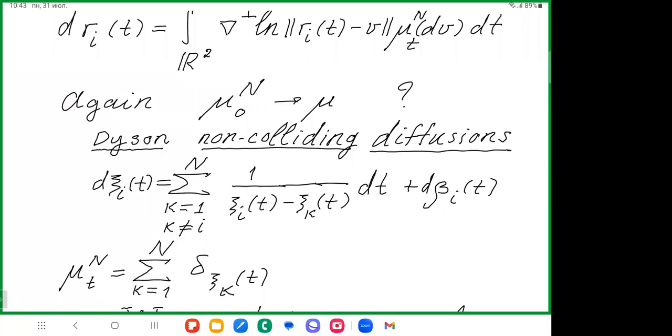Of course, from university courses, we know that there is a good convergence of probability measures, probability distributions, which is called weak convergence. Everybody remembers the central limit theorem, where the statement includes weak convergence to the standard normal distribution.